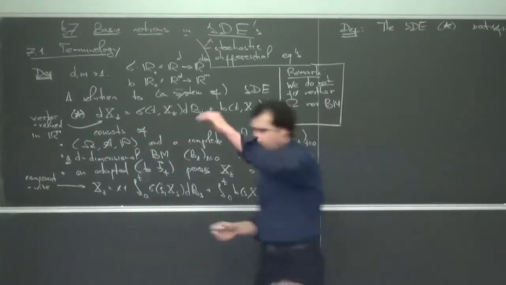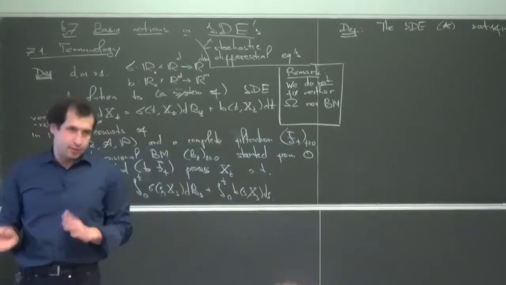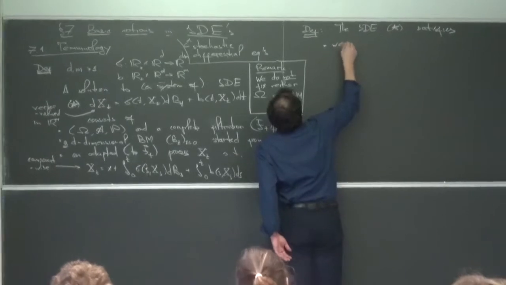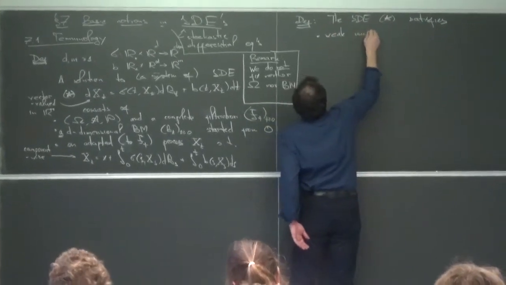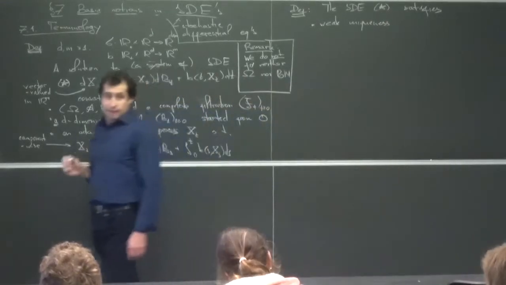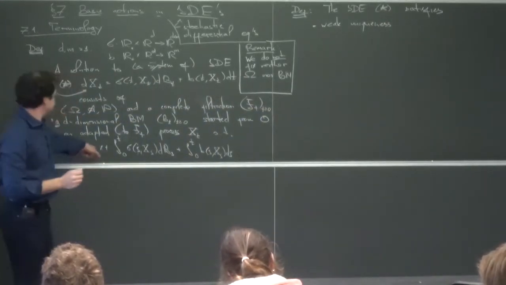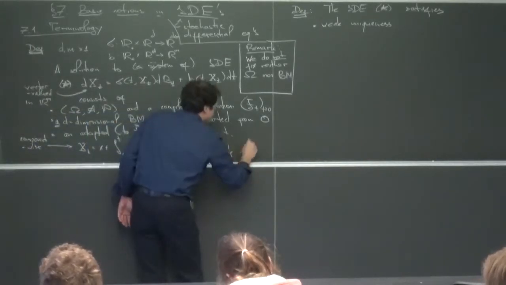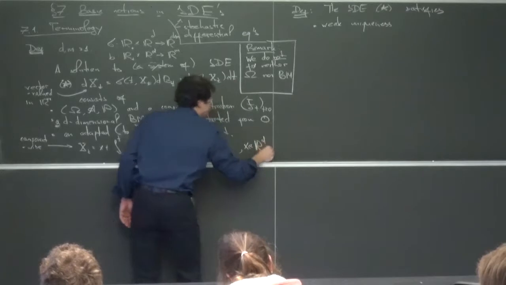So there should be some terminology about existence and uniqueness. Weak existence if for any x, I didn't say anything about x, x is just a starting point in R^d.